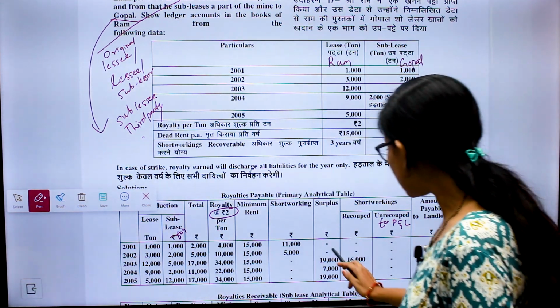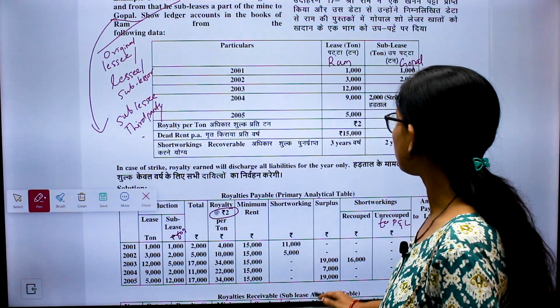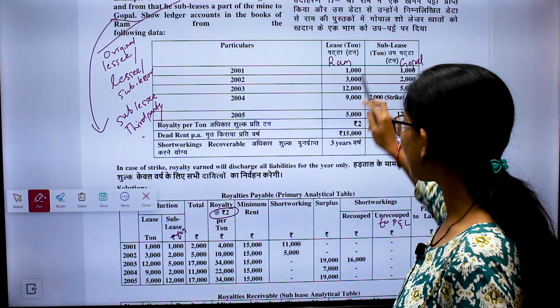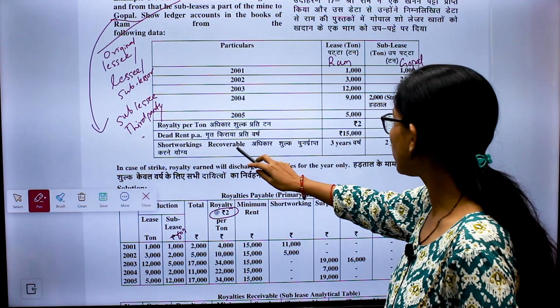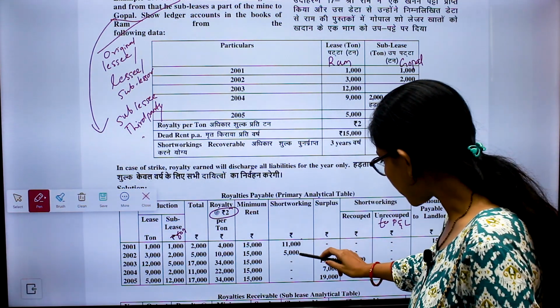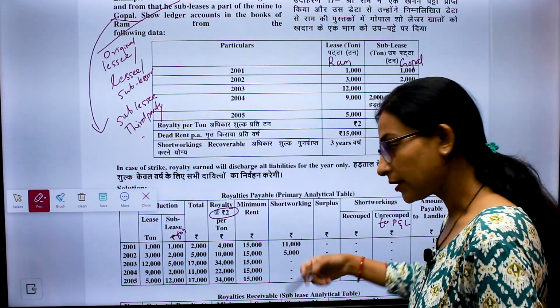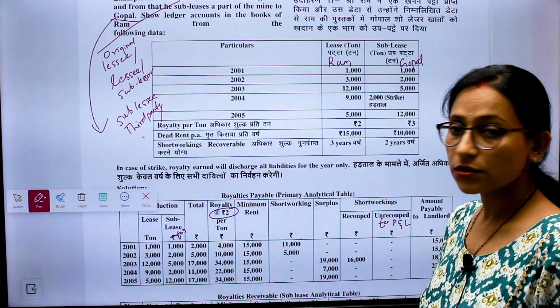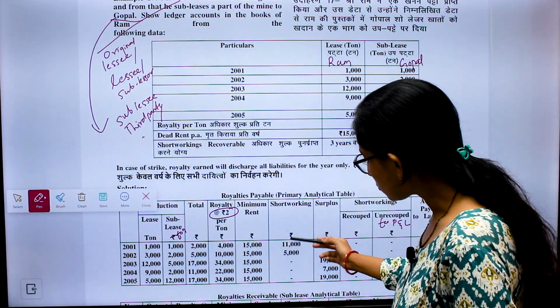So in this year we have an option, because it is told in the question that Ram has short working recoverable in the 3 years. So this is the first year, second year, third year, and in the third year we got the excess amount of 19,000, and we have the short working of 16,000.